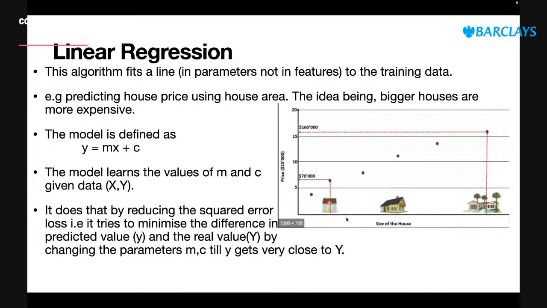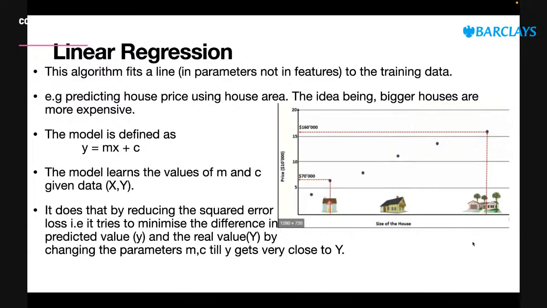The small house costs around 70 grants, then a bigger house is between 10 to 15, and a bungalow is around 160 or something. If a house is between small, medium, and large, it fits between these two and will give you the range. This is how linear regression works.